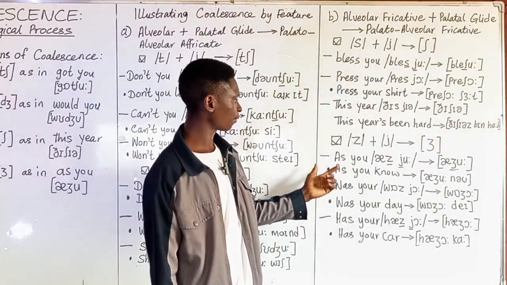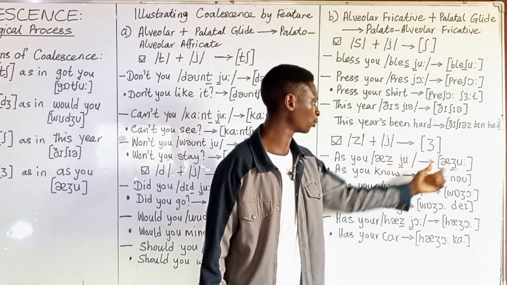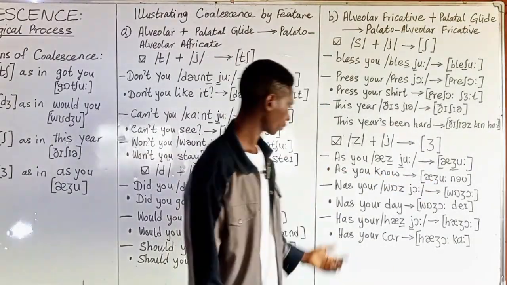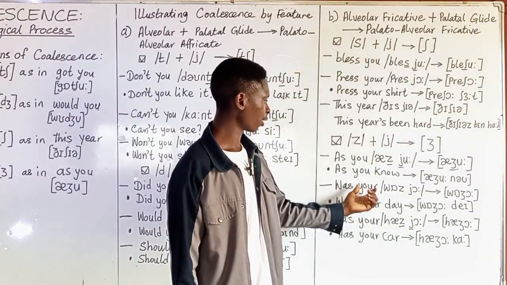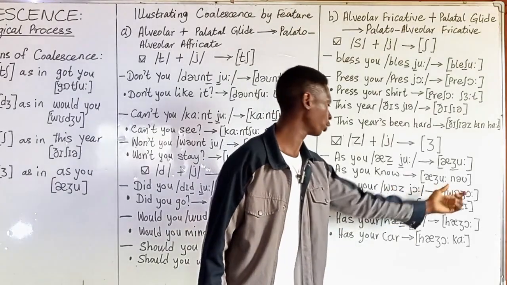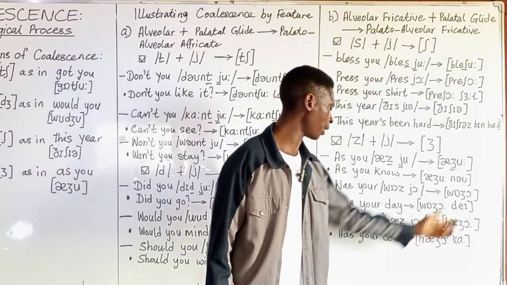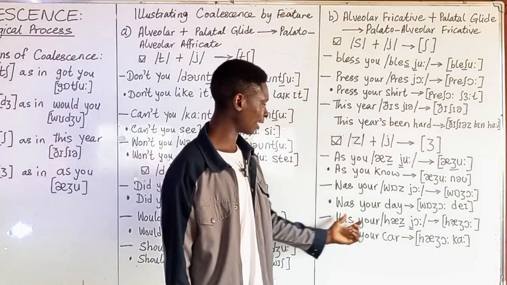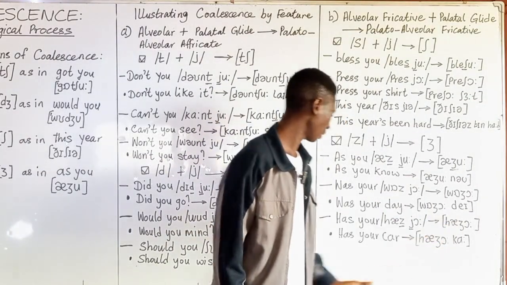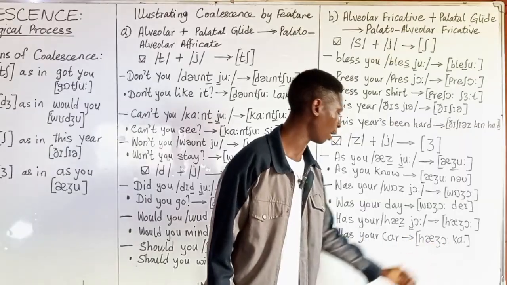Such that as you turns into as you, as in as you know; was your turns into was your, as in was your day; as your turns into azure, as in as your car.